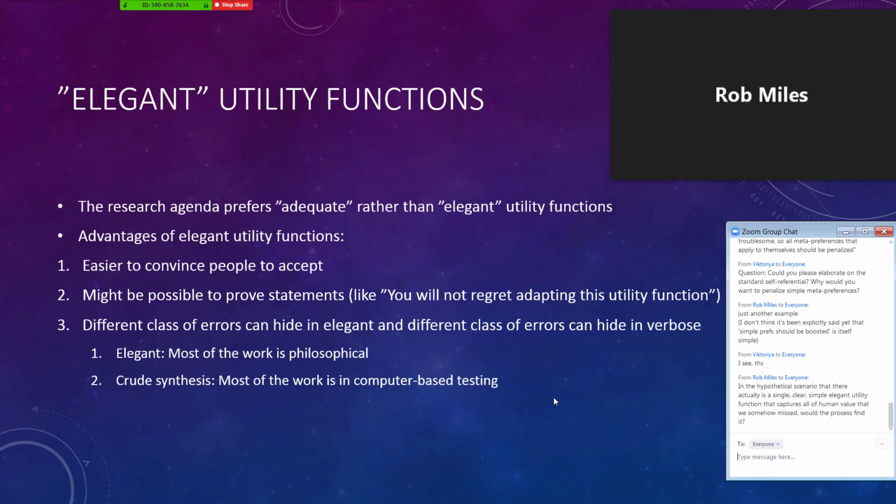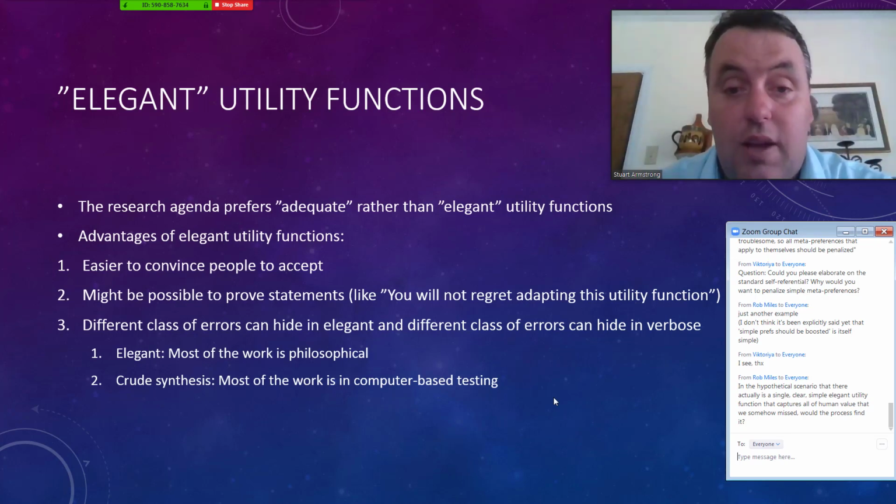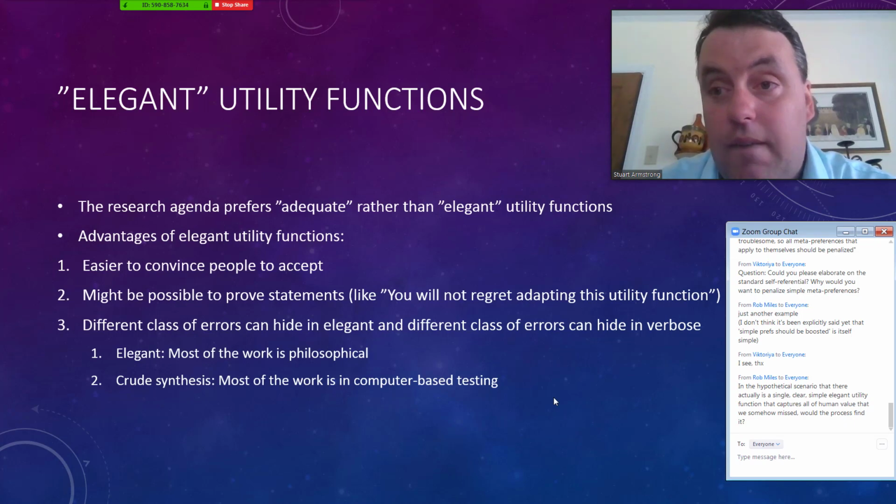I think, in the hypothetical scenario that there actually is a simple, clear, single utility function that captures all human values that we somehow miss, would the process find it? In this hypothetical, what defines that there is one that captures all of human value? I suppose what I'm saying is moral realism.